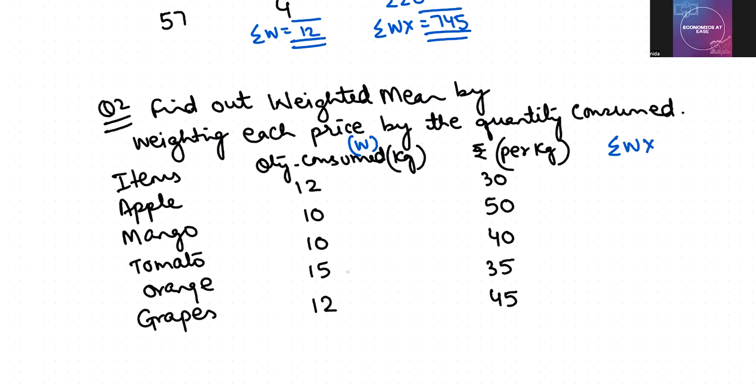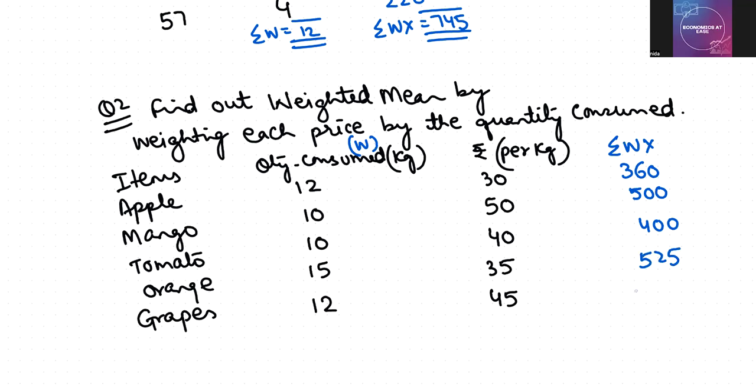So you will get 12 into 30. Each item it states. So 12 into 30, you will get 360. Then 10 into 50, you will get 500. Then 10 into 40, you will get 400. Then 15 into 35, 525. And last is 540.